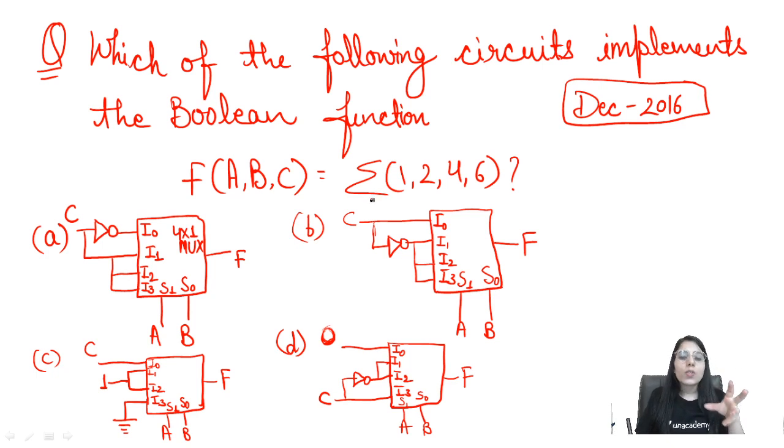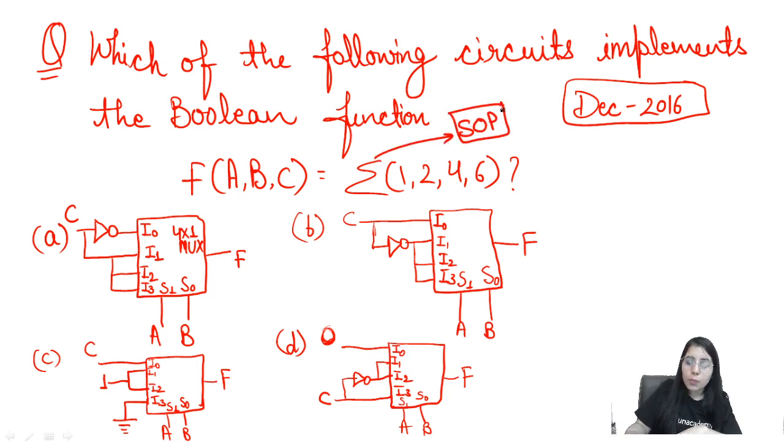In electronics, we consider the SOP and POS form, that means sum of products form or product of sums form. So with this summation sign, we represent the SOP form, sum of products. Now the point is, if you are going to write 1, 2, 4 and 6 in the binary number system, the minimum number of binary digits you require is to represent the maximum number given here, that is 6.